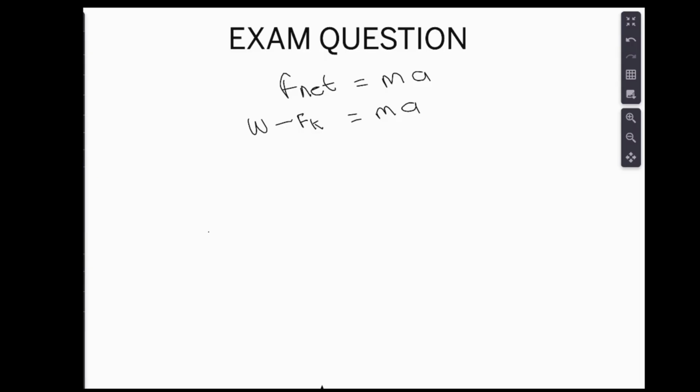Now, first let's go to Fk. So the frictional force will equal the coefficient of kinetic friction multiplied by weight. Now, what is our weight? Let's go back to the question.